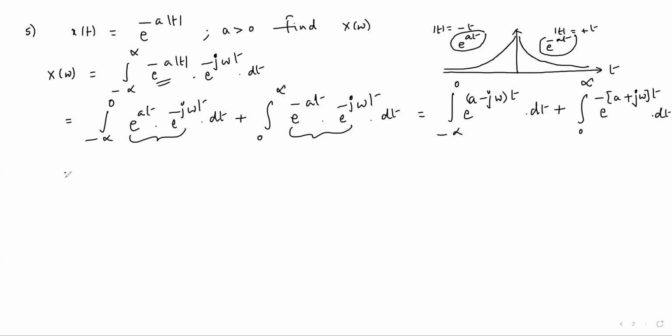Let us integrate the exponential. Now we have single exponentials. The first term, after integration, is e to the power of a minus j omega, t, divided by a minus j omega, with t limits minus infinity to 0, plus the second term.